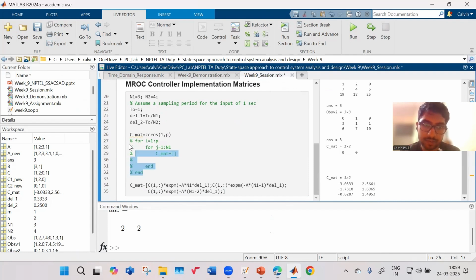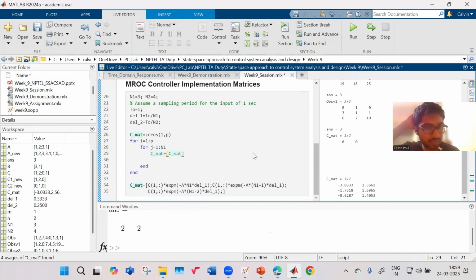So we will do the C matrix. It's a predefined C matrix, and we fill the row, all its columns, with minus A into A1, and so on.